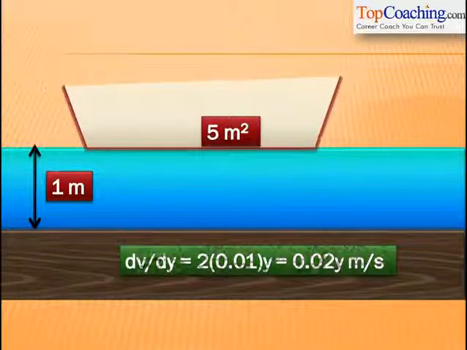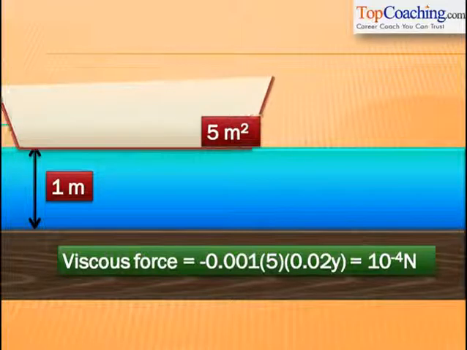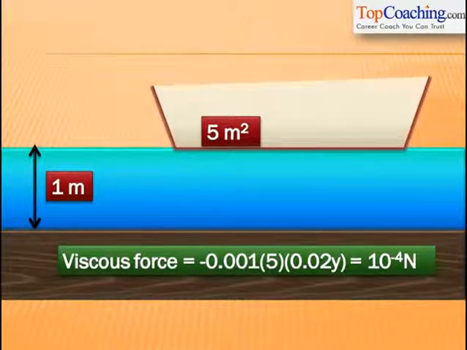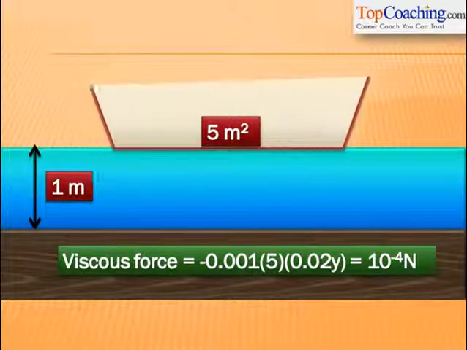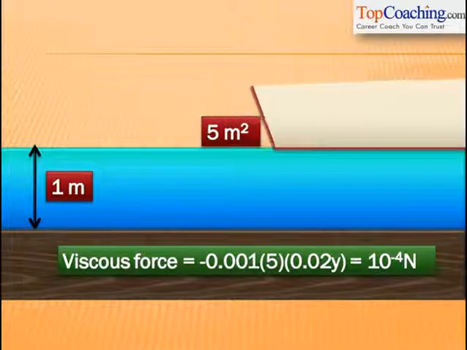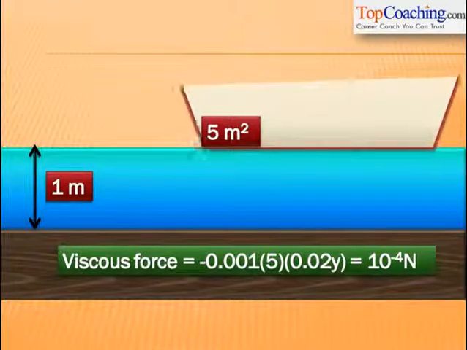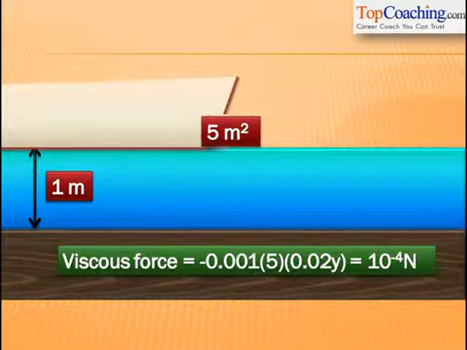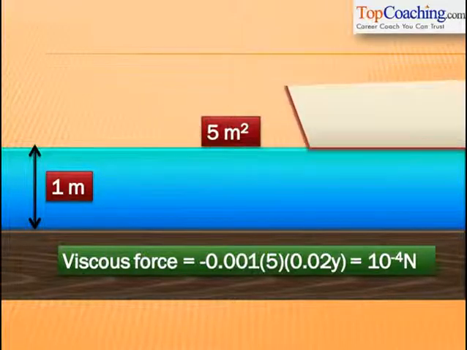So the viscous force at the bottom of the boat is minus eta A into 0.02 into 1 meter. This comes out to be 10 raised to minus 4 Newton. So we have just put the value of dv by dy for y equal to 1 meter. There you go. That's our answer. The boat experiences a viscous force of 10 raised to minus 4 Newton.